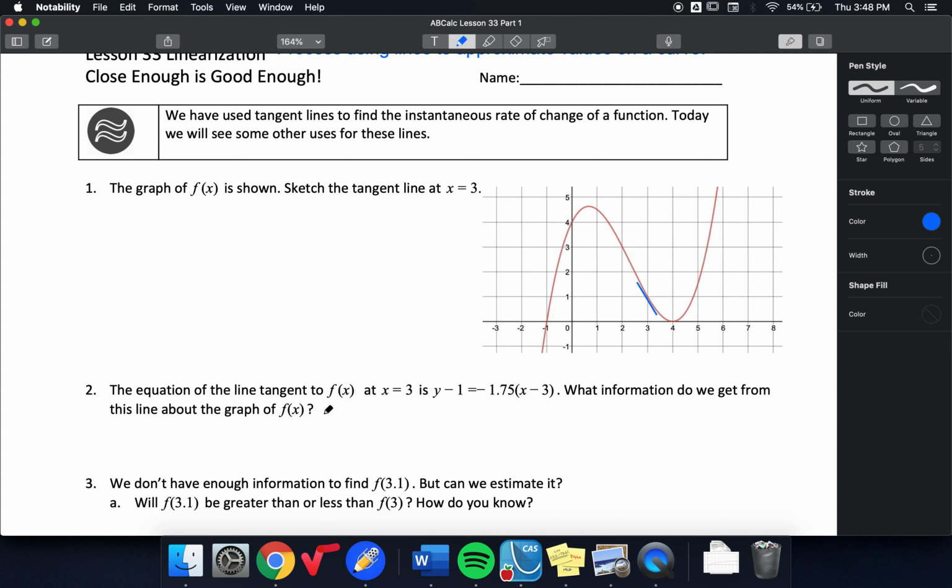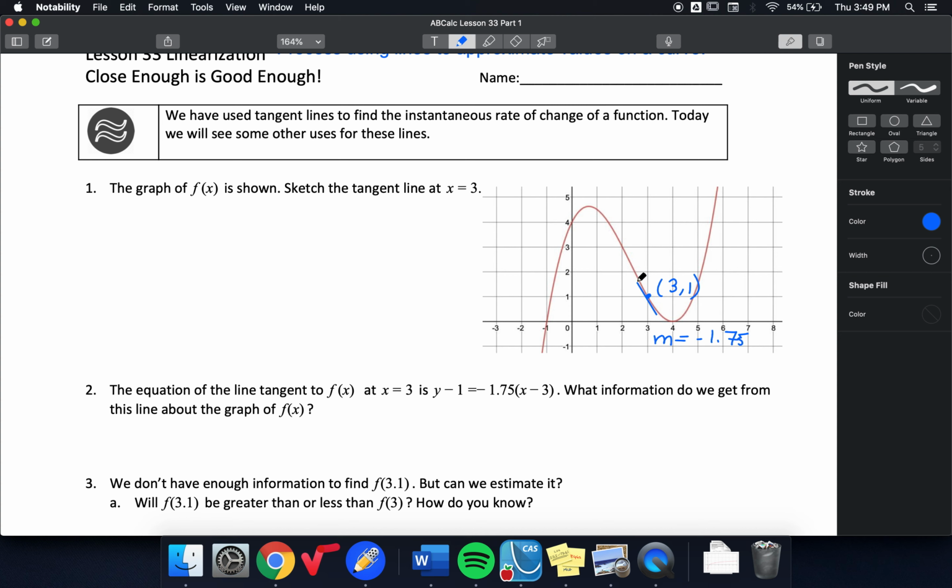Now they're telling me that the equation of the tangent at x equals 3 is y minus 1 equals negative 1.75 times x minus 3. So that tells me something I already could see, that the point of tangency is (3, 1). I see that here from the 3 and the 1. And then I have a slope value of negative 1.75. So what information do we get from this line about the graph of f of x?